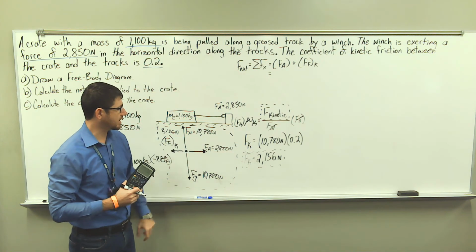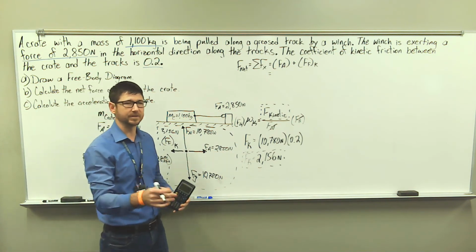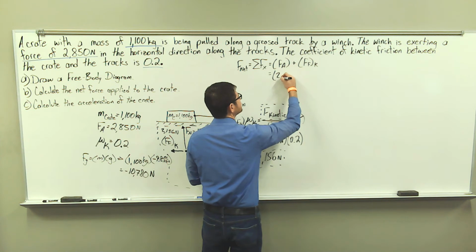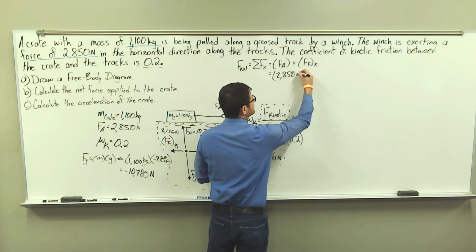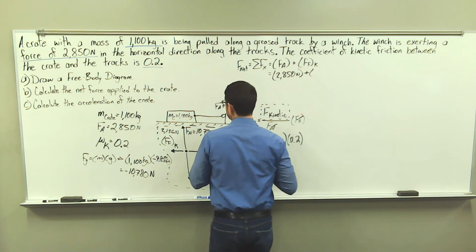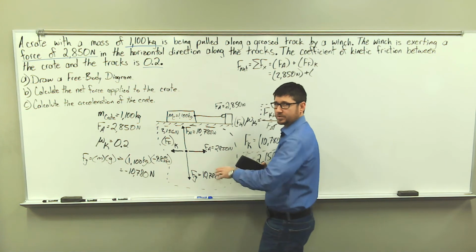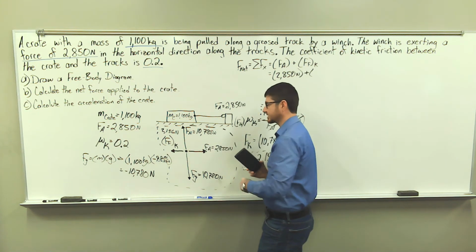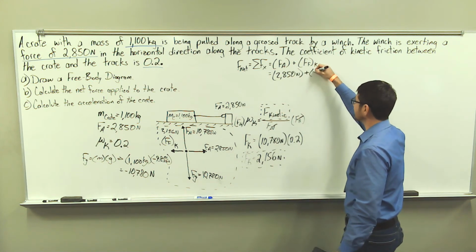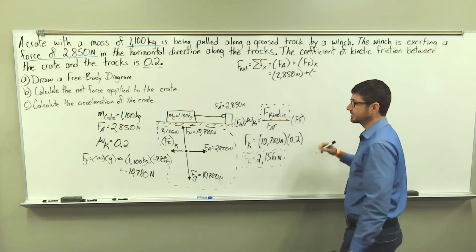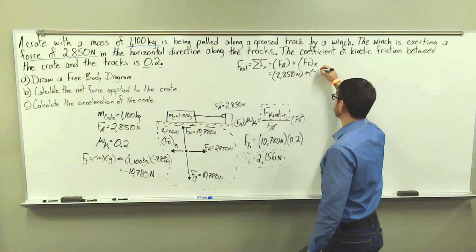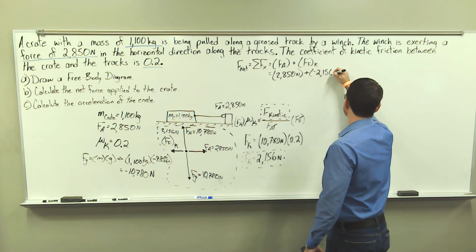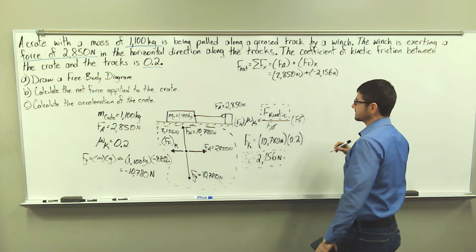So we're going to have a positive 2,850 newtons plus our kinetic friction force. Well, let's take a look at the vector. The vector is pointing in a negative x direction. So this vector will be negative 2,156 newtons.